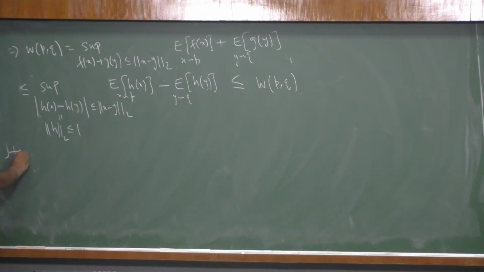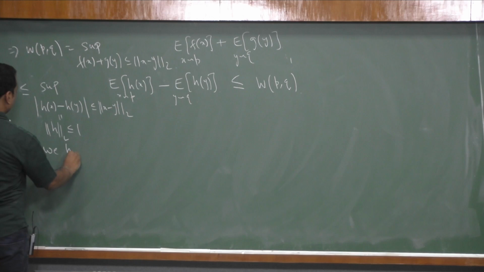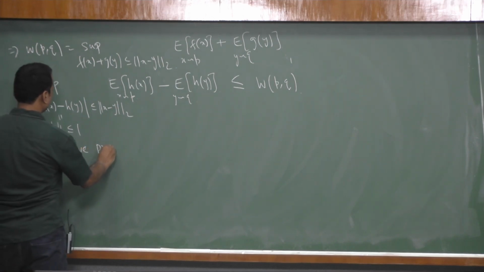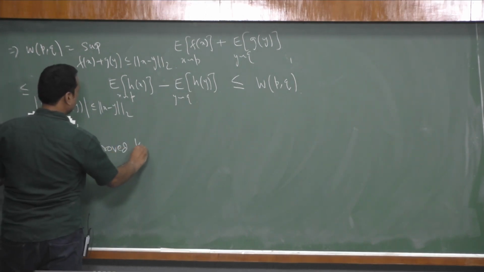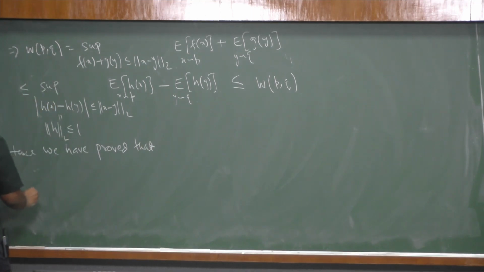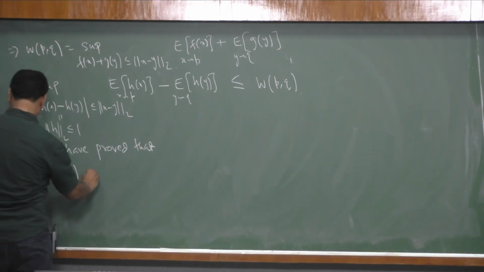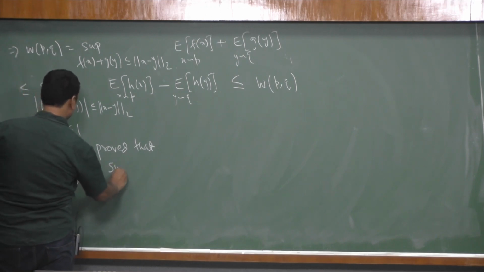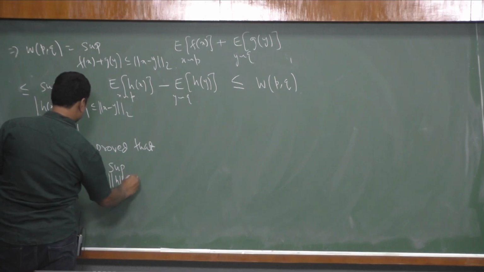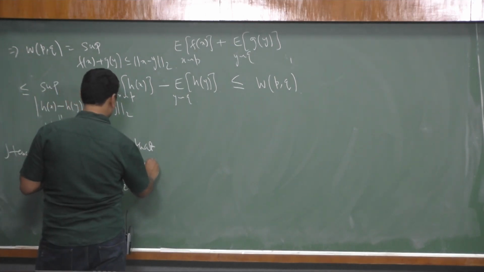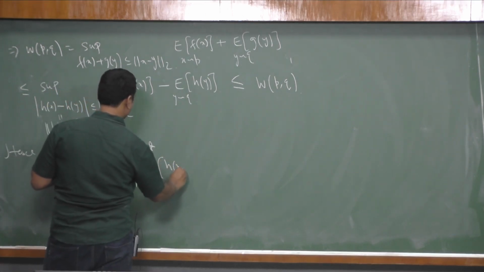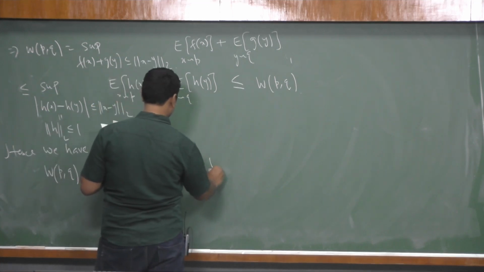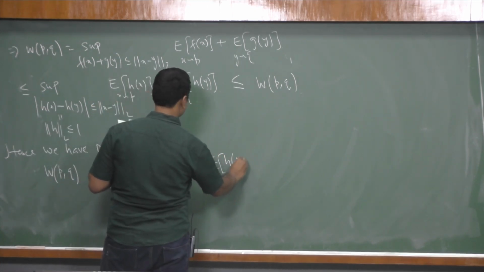Okay, so hence we have proved that WPQ is equal to the supremum of norm h one Lipschitz, and then expectation of hx minus expectation of hy.